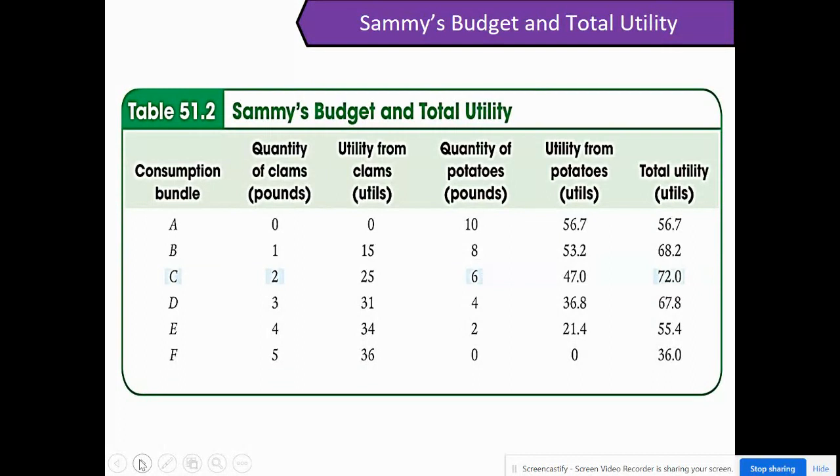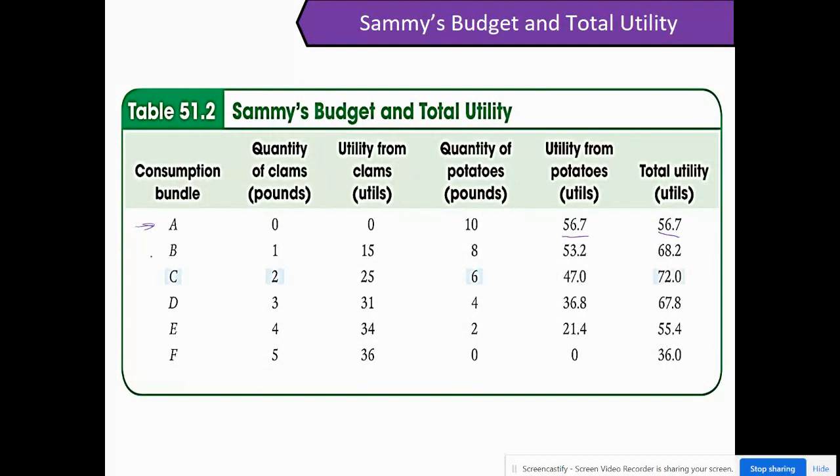So in theory, we can look at the amount of satisfaction she's getting at different poundages. At those bundles that we showed before, if she bought all potatoes and 0 clams, we could see her total utility is 56 because we would just add this.